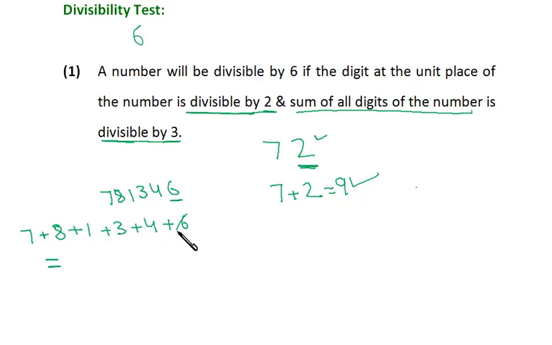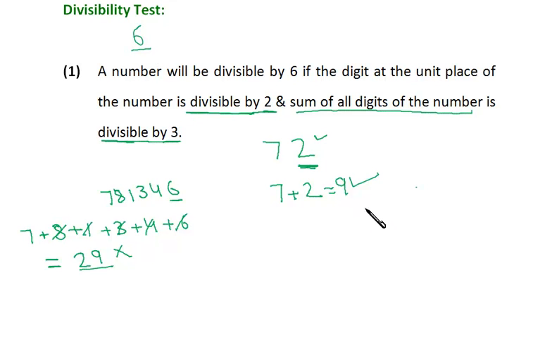So that is 6 plus 4, that's 10. 13, 14, 14 plus 8, that's 22, 22 plus 7, that's 29, right? And 29 is not divisible by 3. So that means that this number 7, 8, 1, 3, 4, 6, it is not divisible by 6.